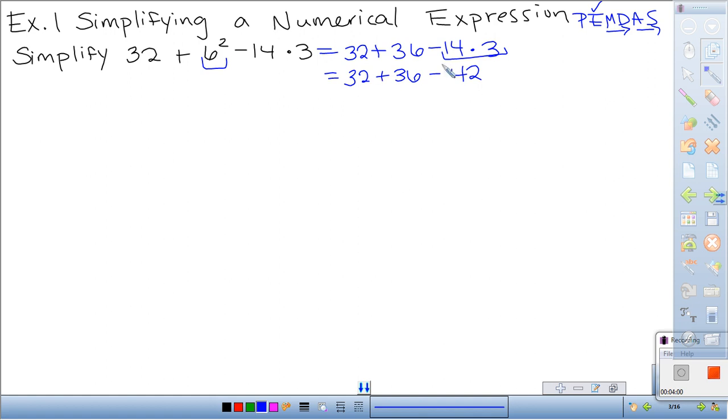Now that we only have 2 operations left, addition, subtraction, we work left to right. So I'll just start with 32 plus 36, which is 68. Minus 42, and finally 68 minus 42, 26. And there's our answer for example 1, 26.